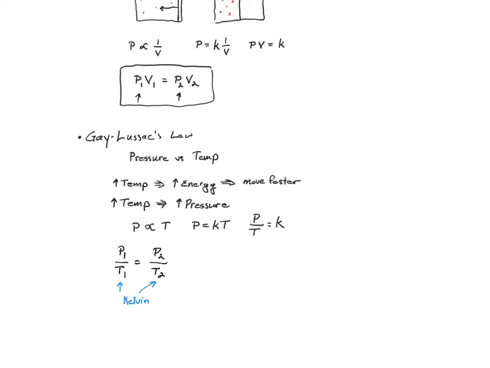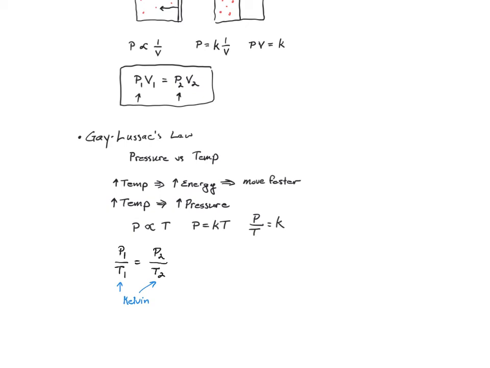You can't use Fahrenheit. And the big reason for that is because both Celsius and Fahrenheit allow for negative temperatures, which means it's possible you can wind up calculating a negative pressure, which doesn't make any sense mathematically or in terms of reality. All right, so that's Gay-Lussac's law.